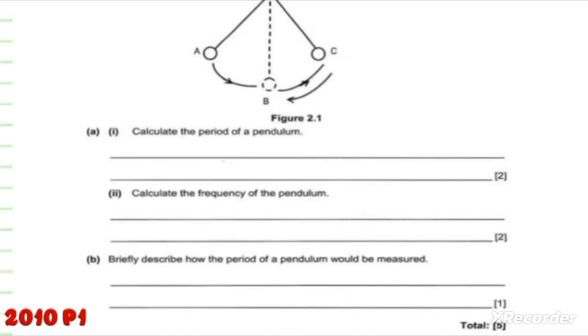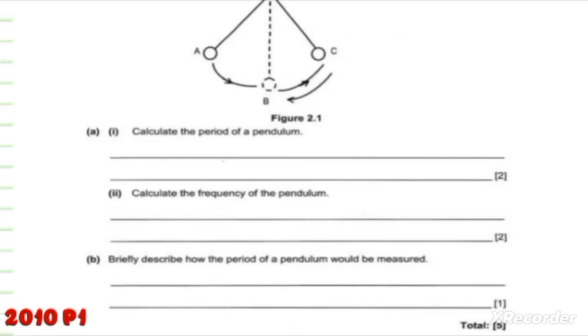Okay, let us move to the next question, which is question B. Briefly describe how the period of a pendulum would be measured. Here they want us to come up with the steps for how we can find the period of a simple pendulum.